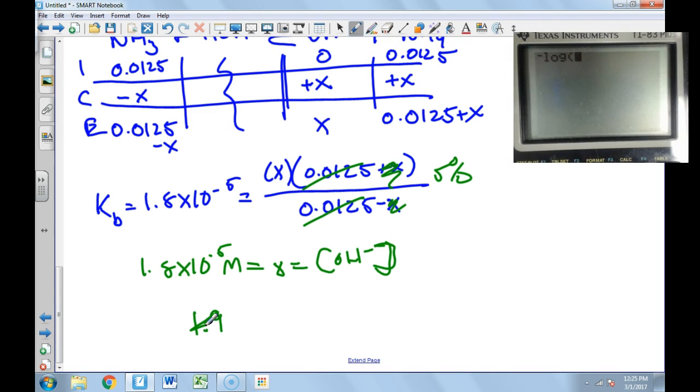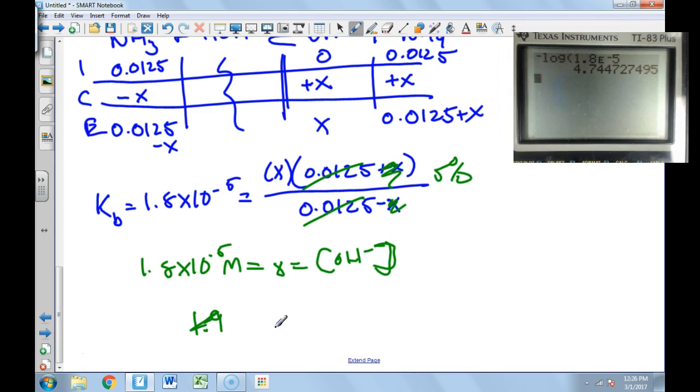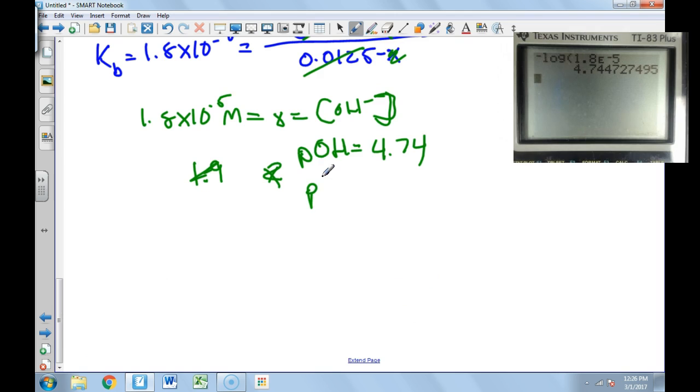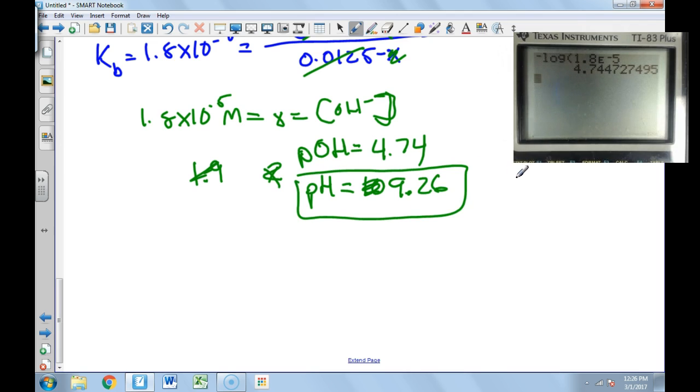These problems are so in depth that you can do something very similar, very silly, and then it screws up everything else. It's the negative log of 1.8 times 10 to the negative 5. And so now this is pOH equals 4.74. So that means that the pH equals 9.26. So that is cool, and that is the pH at the halfway point.